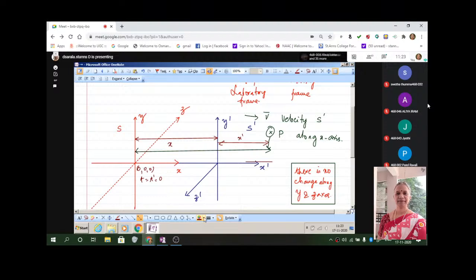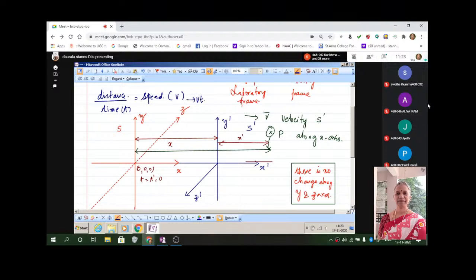You already know that distance by time is your speed. It is moving with what speed? V. In what time? T seconds. So how much distance is it moving?